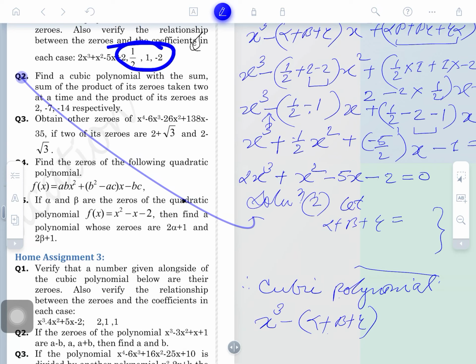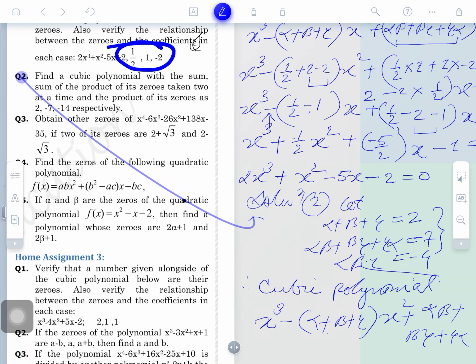Actually, please read the sum and sum of products. This is actually alpha plus beta plus gamma. The first is 2, and alpha beta, beta gamma, and gamma alpha, this is what? Please tell me. This is minus 7, and the third is minus 14, alpha beta gamma. So, directly the value is to be put here, clear or not? Alpha beta, beta gamma, and gamma alpha.